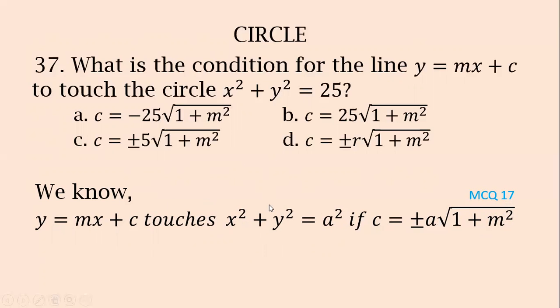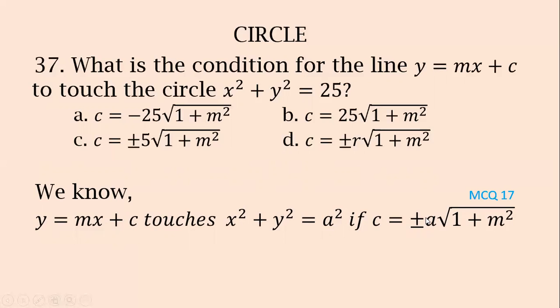So comparing this equation, x square plus y square is equal to a square, with x square plus y square is equal to 25, this 25 is equal to a square. So what about a? a is equal to 5.